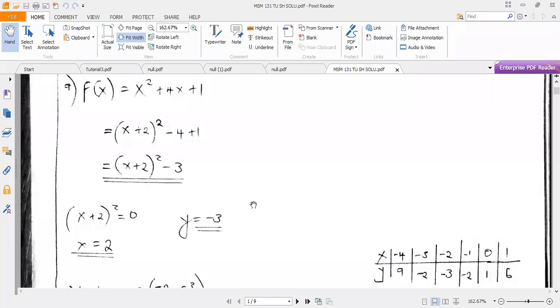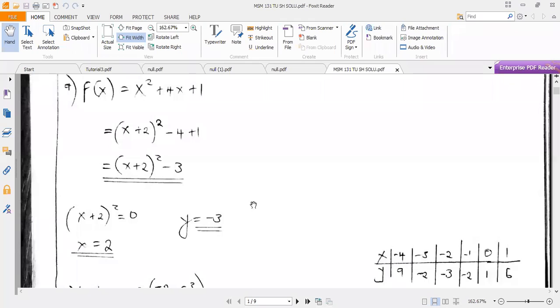I came late, sir, so I didn't hear the explanation. Oh, okay. So x plus 2 squared is equal to 0, isn't it? The easier way of getting rid of the square there is introducing the square root. The square root of 0 is 0.